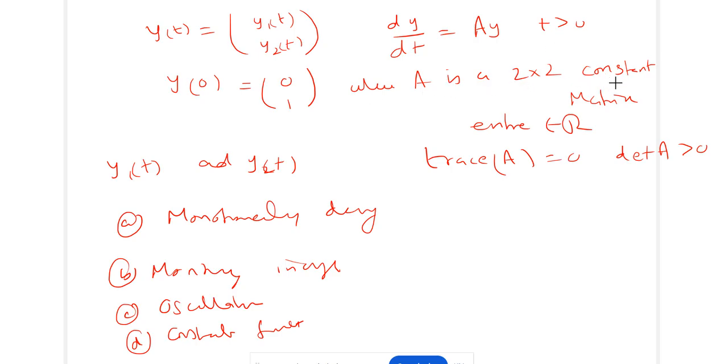A is a 2 by 2 constant matrix, entries belong to the real numbers, trace of A equal to 0, determinant of A greater than 0. Now what is the nature of y1 of t, y2 of t? Monotonically decreasing, monotonically increasing, oscillating, or constant. How can we solve this?